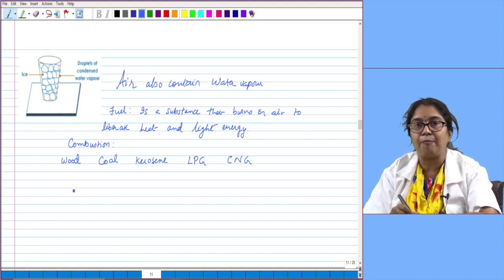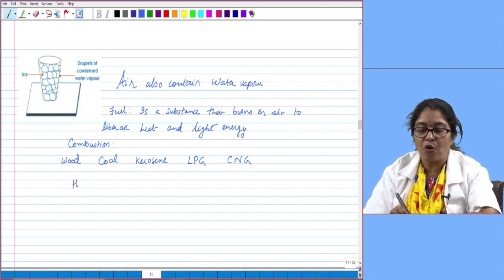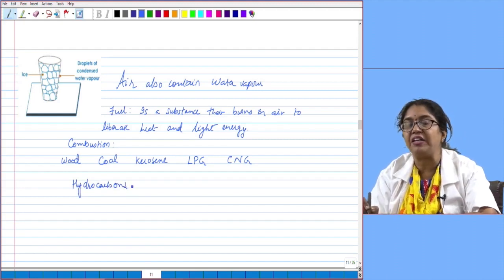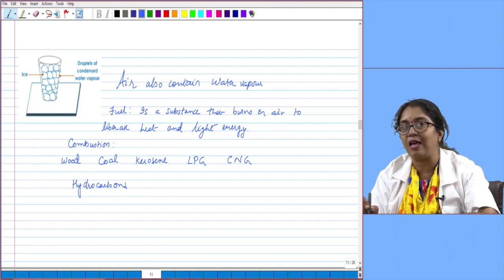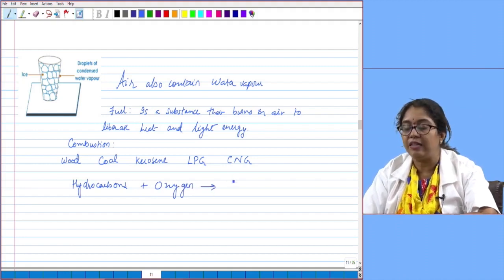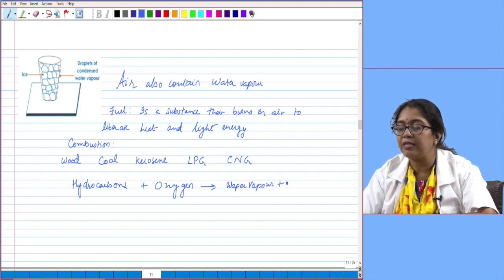So basically, combustion of hydrocarbons. So what are hydrocarbons, children? Hydrocarbons are nothing but the fuels which contain carbon and hydrogen as their elements. When these hydrocarbons undergo combustion, they combine with the oxygen of air and form water vapor and carbon dioxide.